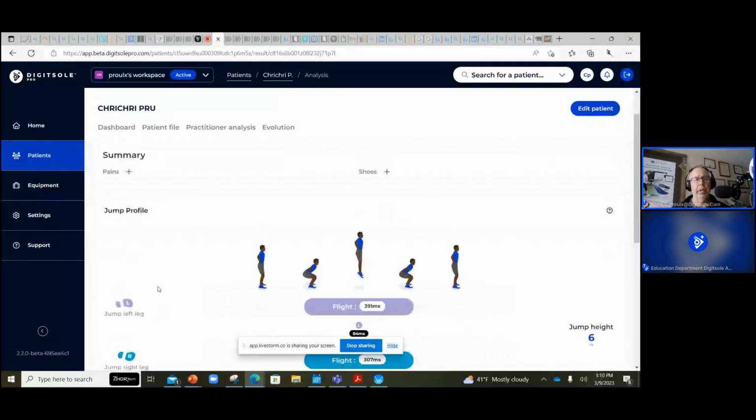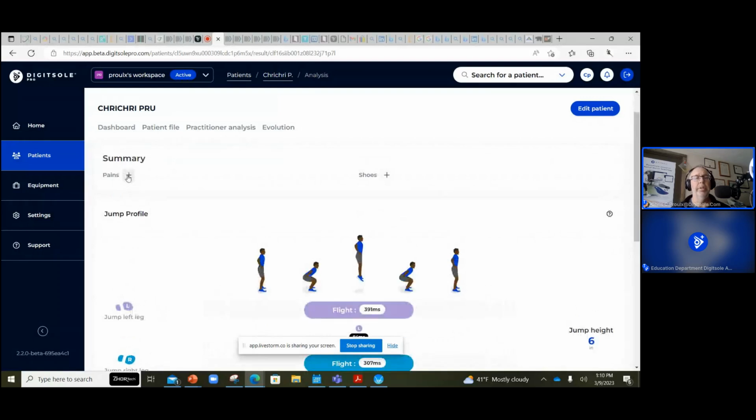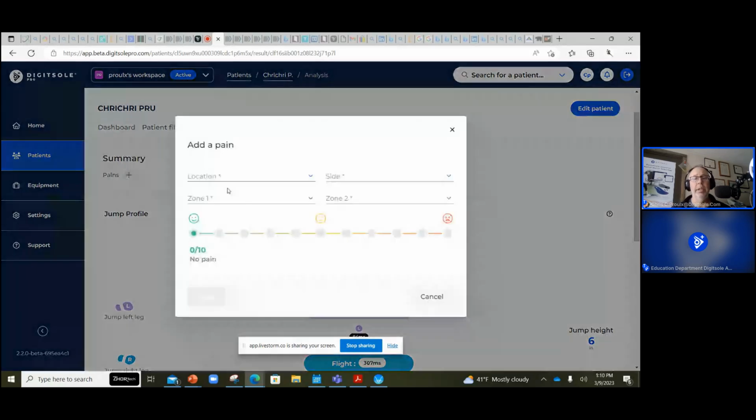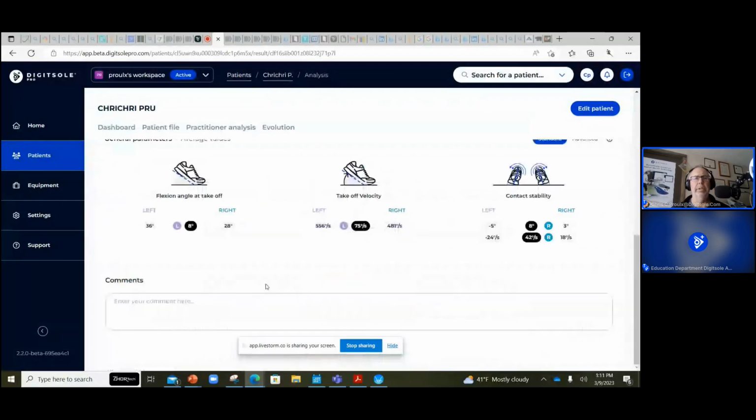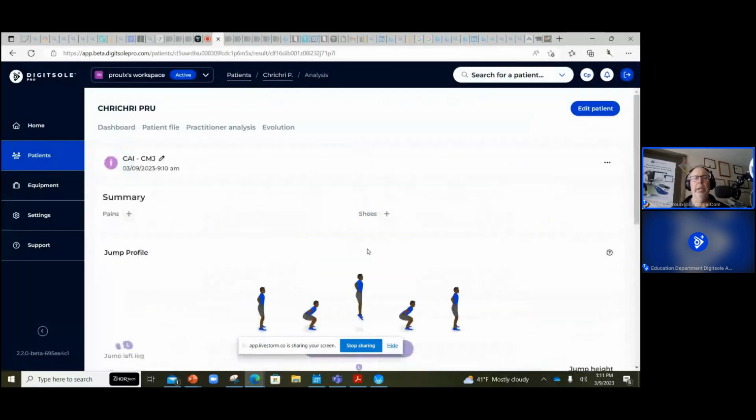As with all of the analyses, you can input some of this information in your summary. Some of this you can do on the mobile app when you're actually collecting the data. Okay, information on shoes. I have a standard, and sometimes I'll put in the comment section what type of shoes they were wearing.